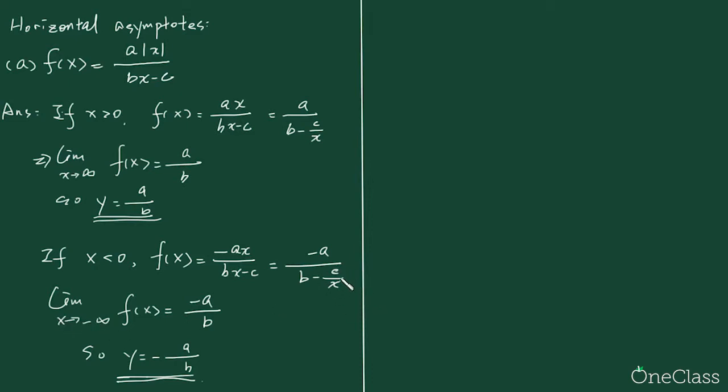So this term approaches 0, therefore f of x is equal to negative a over b. Therefore, y equal to negative a over b is also a horizontal asymptote. So for this question, we have two horizontal asymptotes. As I said before, you may not assume only one horizontal asymptote for a question. So you have to check out all of them.